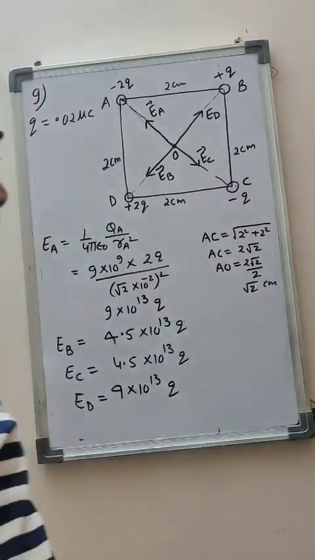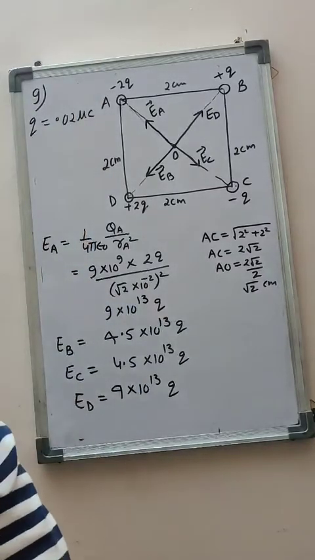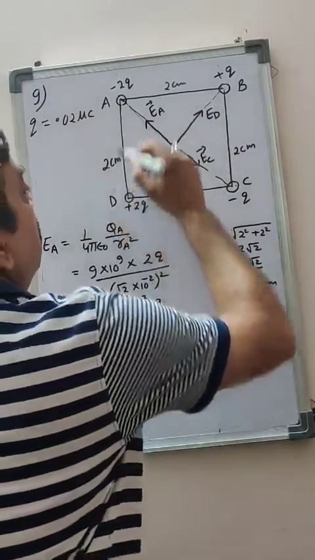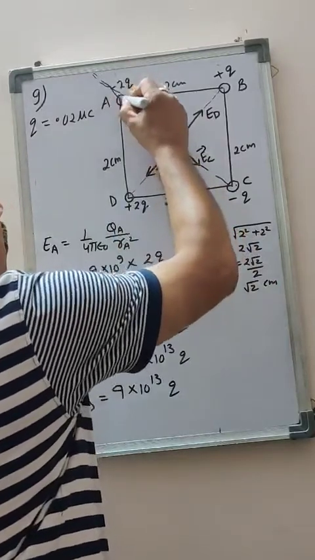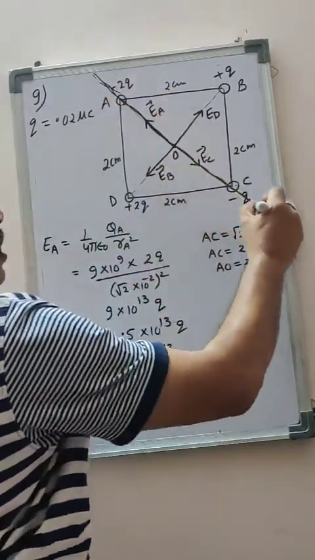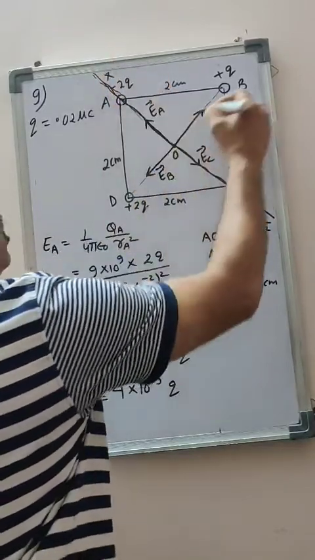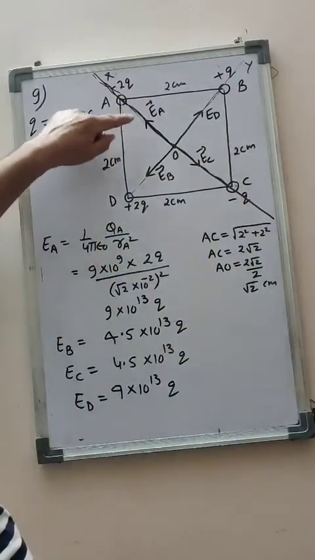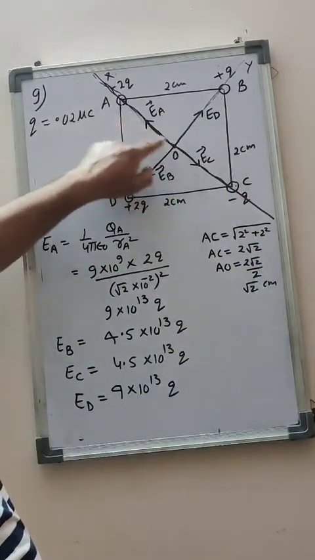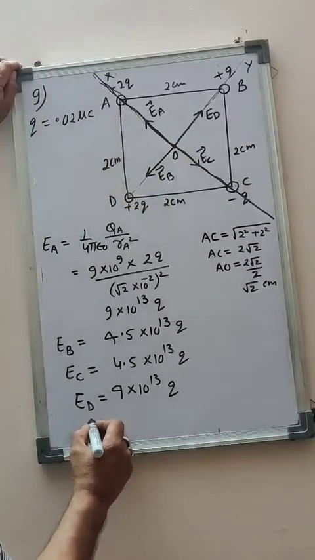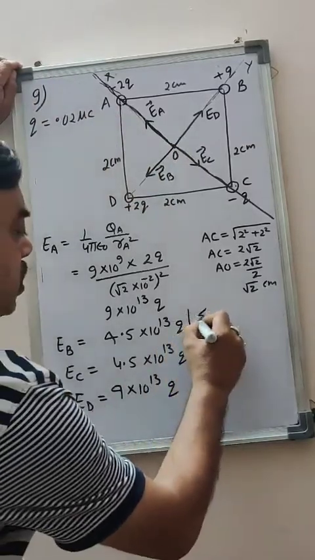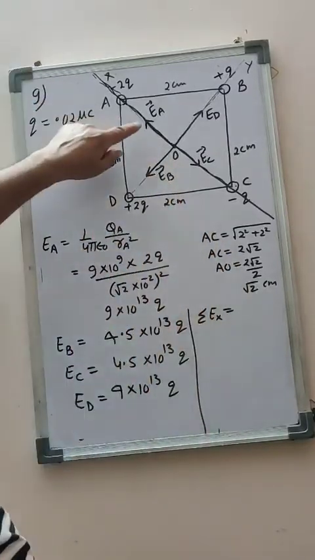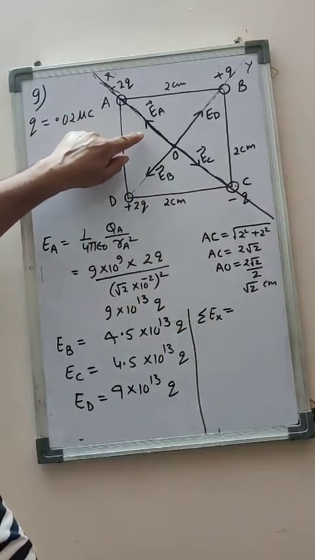Now you have more than one electric field. This diagonal you can take as x-axis, and this diagonal you can take as y-axis. So these two are in opposite direction. So sigma EX will be equal to, which one is greater? EA is greater.